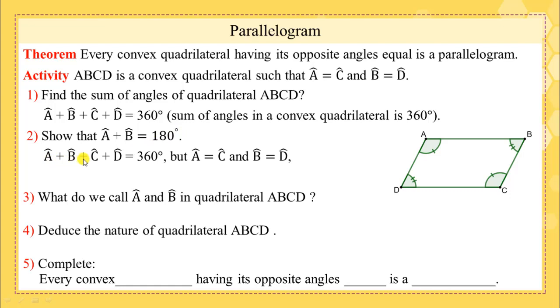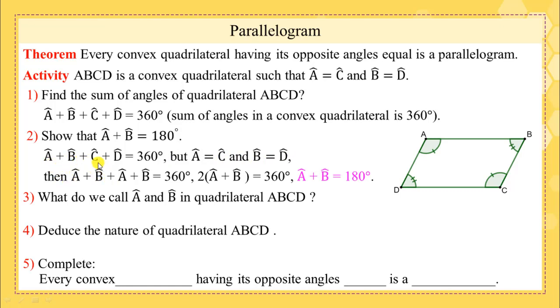A plus B plus C plus D equals 360 degrees, but A equals C and B equals D. Then A plus B plus, we replace C by A because we know here that A equals C, plus, we replace D by B because we know that B equals D, equals 360.